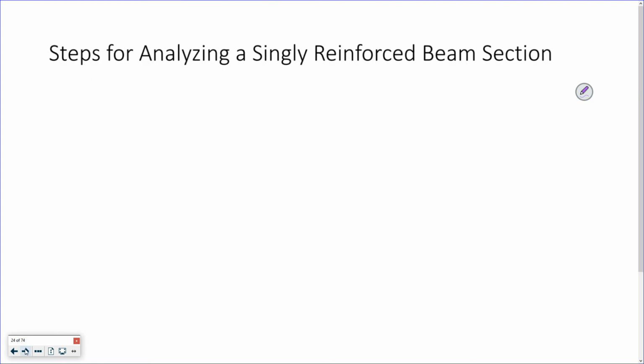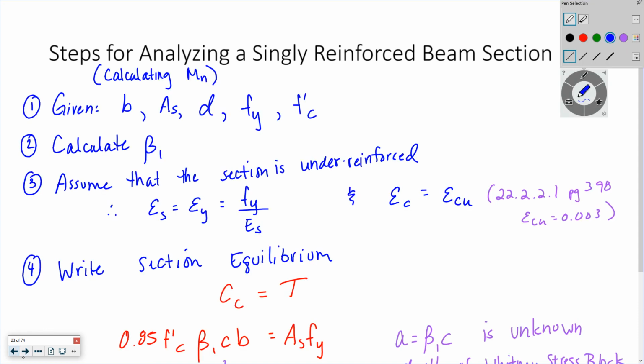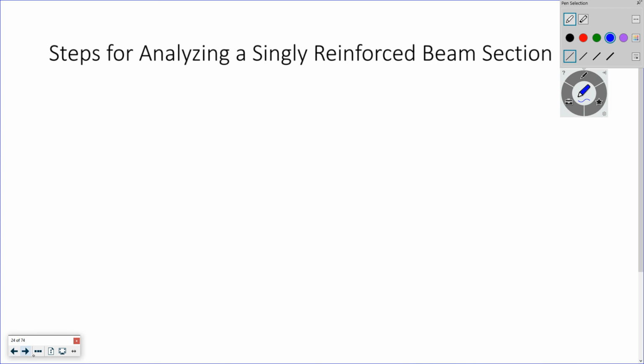After I do that, I need to confirm my assumption that I made. I made an assumption that the section was under reinforced. Now I need to go back and check that.